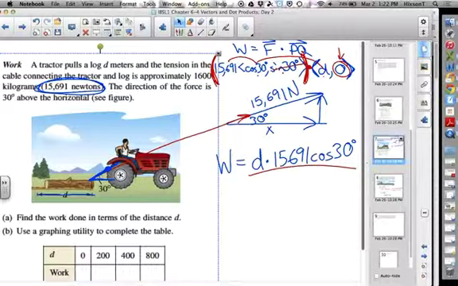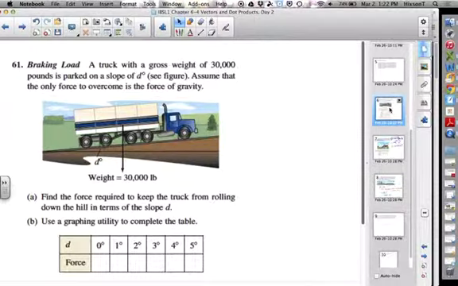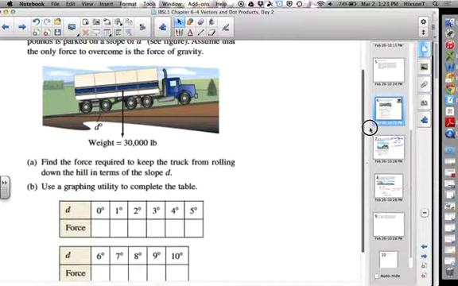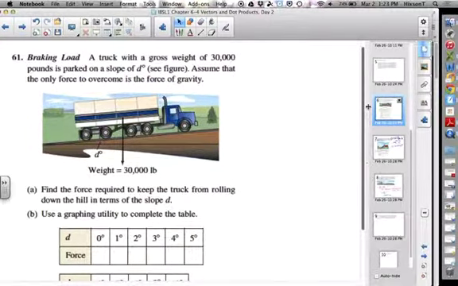Alright, any other questions on homework problems? 61C says: find the force perpendicular to the hill when d equals 5 degrees. So let's take a look at this.